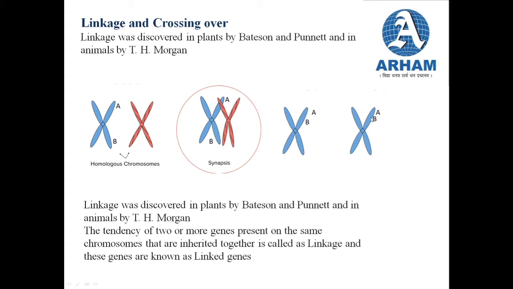So depending upon the location of the genes, the chances of them getting separated can be determined. And so linkage can be defined as the tendency of two or more genes present on the same chromosome to be inherited together.